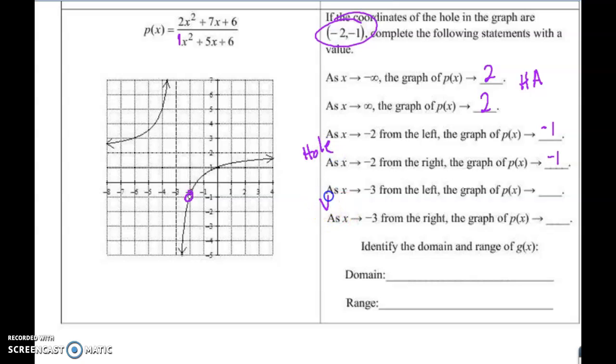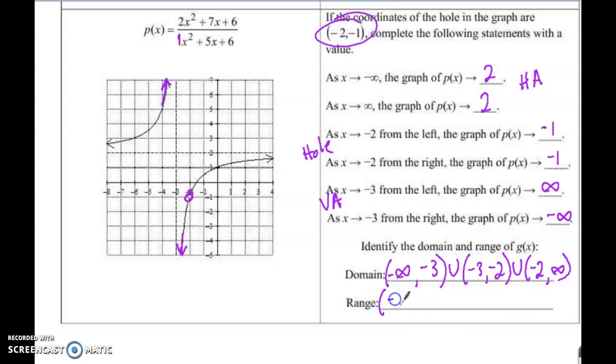So then the other one is going to be our vertical asymptote. Left side of -3 is going positive infinity, and the right side of -3 is going down, so it's -infinity. And now you can answer those questions from -infinity to -3, -3 to -2, and -2 to infinity.